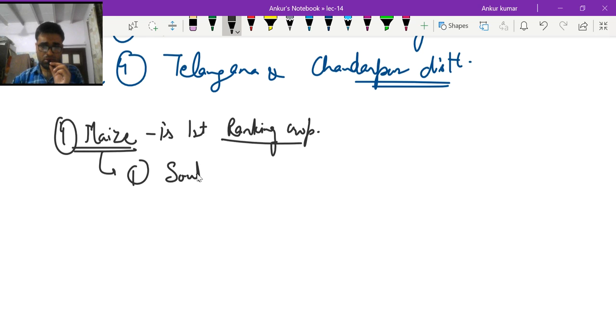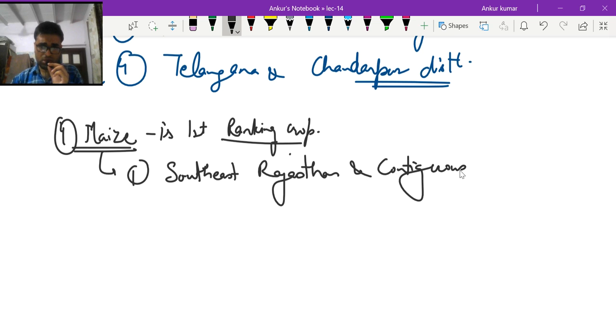Number one is the southeast Rajasthan, and contiguous areas of Madhya Pradesh and Gujarat.